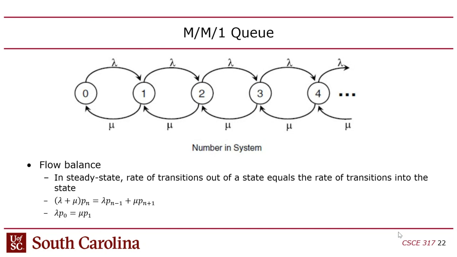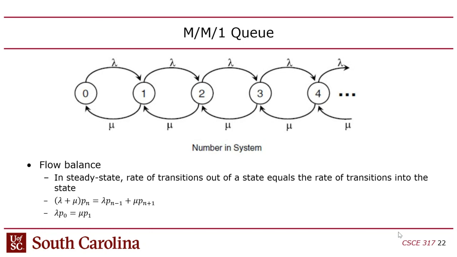So (lambda plus mu) times P_n is the flow coming out of state n, but then you have flow coming into state n from n minus 1 and n plus 1, again multiplying the rates times the probability. I actually tried to look this up. These are exponential rates, so why are you multiplying rates against probabilities here? I never did find the answer to that.